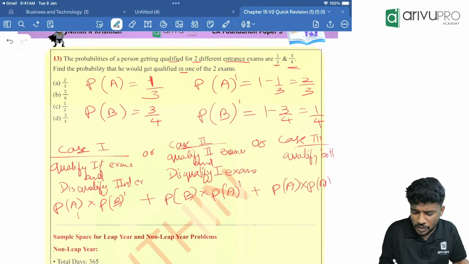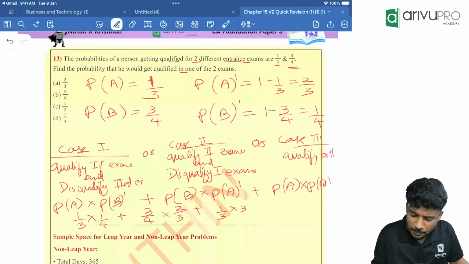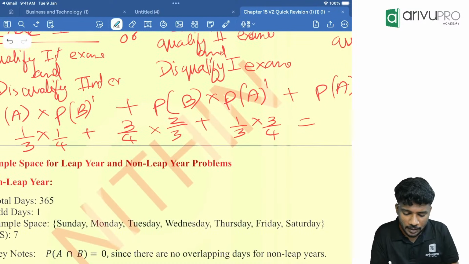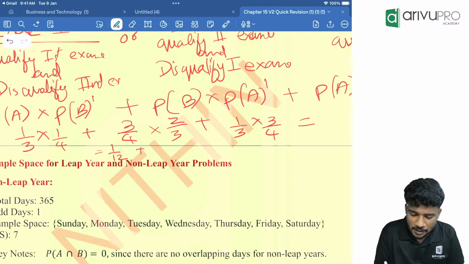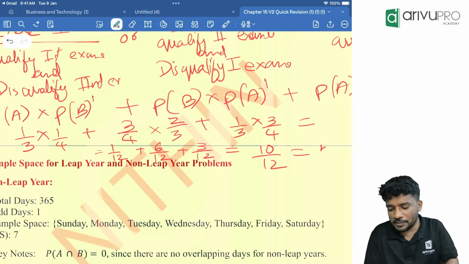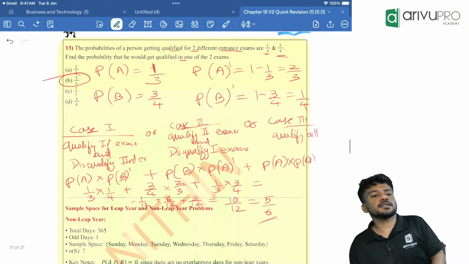P of A is how much? 1 by 3 into 1 by 4 plus 3 by 4 into A complement is how much? 2 by 3 plus 1 by 3 into what? 3 by 4. Get me the answer, which is equal to, first case will be 1 by 12 plus 6 by 12 plus 3 by 12, which is equal to 10 by 12, which is equal to how much? 5 by 6. Which option is the right answer? Option B is the right answer.